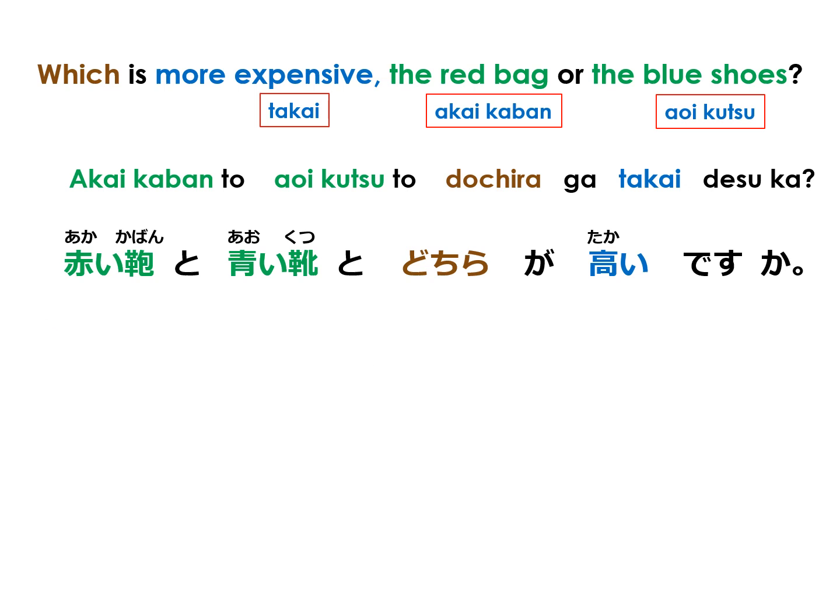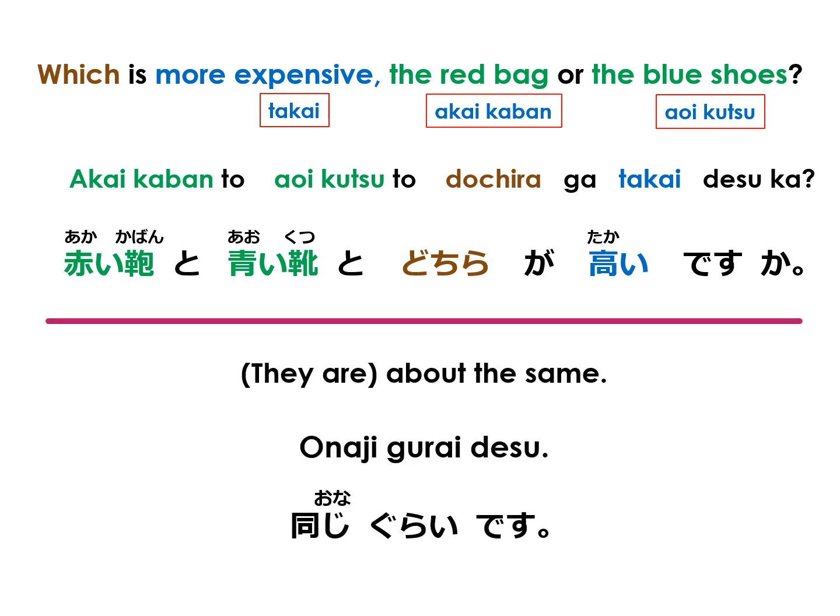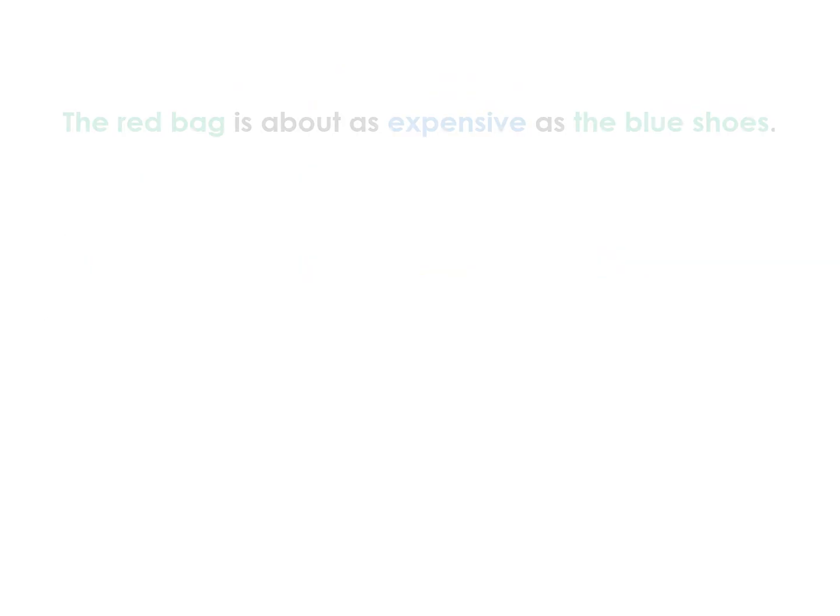To say they are about the same, we say 同じぐらいです.